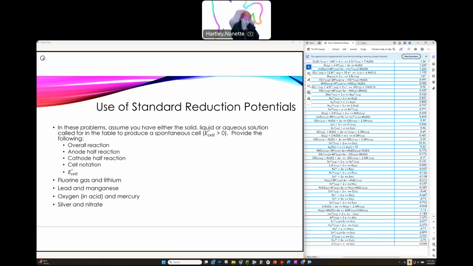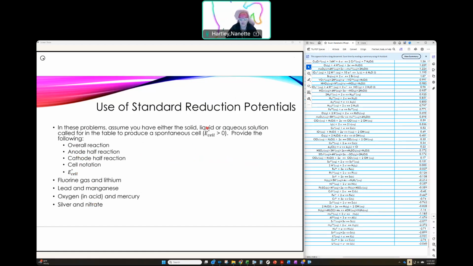So we're going to calculate the overall reaction. You're going to decide which one is the anode, which one is the cathode, what the overall cell notation is, and what the E naught for the cell is. So I want the overall reaction, the anode half reaction, the cathode half reaction, the cell notation, and the E naught cell. So the first one that it talks about is fluorine gas and lithium.